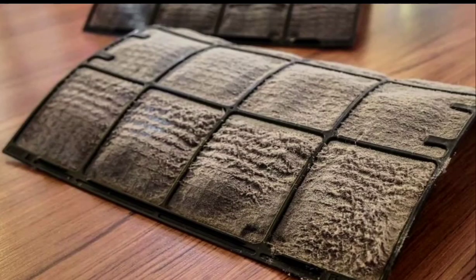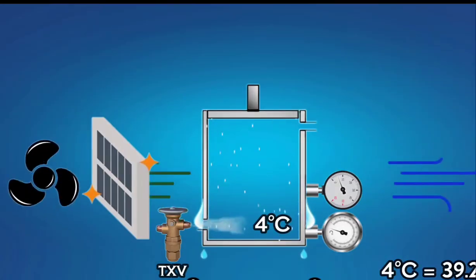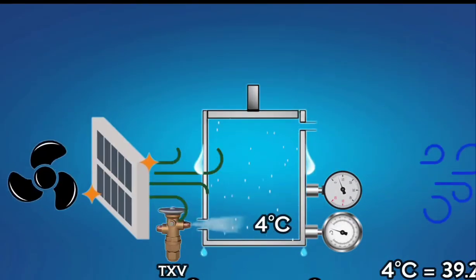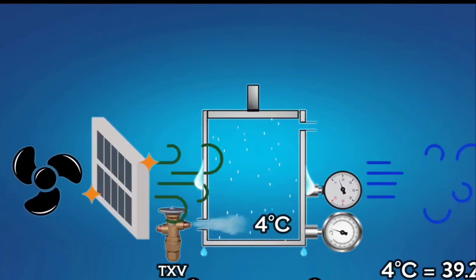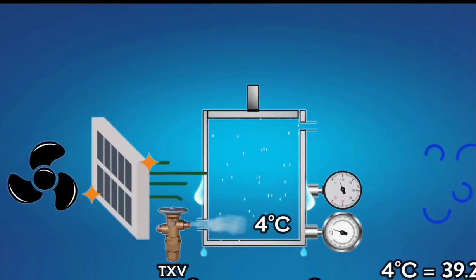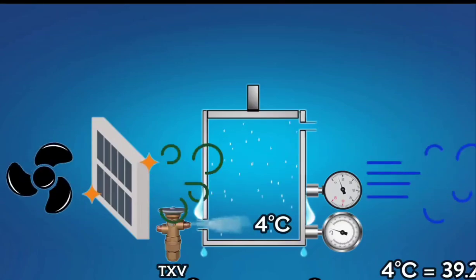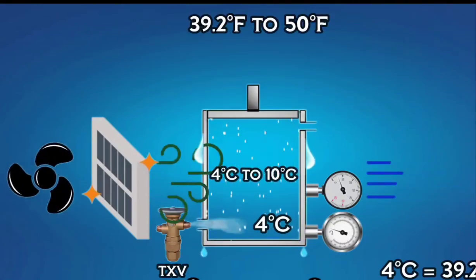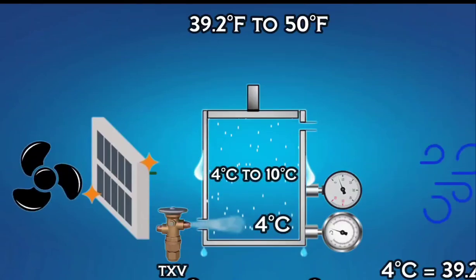Next, we can see how the evaporator coil freezes through the blocked filter. We have said that the refrigerant enters the evaporator from the expansion valve at a temperature of 4 degrees Celsius. This temperature changes with pressure. So, the temperature of the refrigerant will be from 4 degrees Celsius to 10 degrees Celsius.